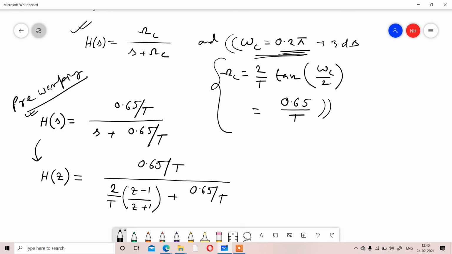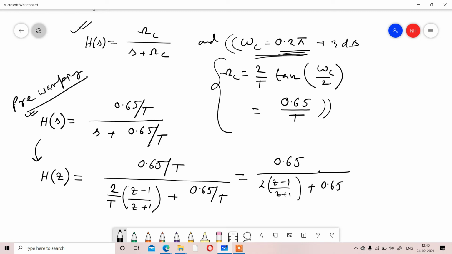Pre-warping is happening. So if you make T common, the equation will be 0.65 by 2 times z minus 1 by z plus 1, plus 0.65.